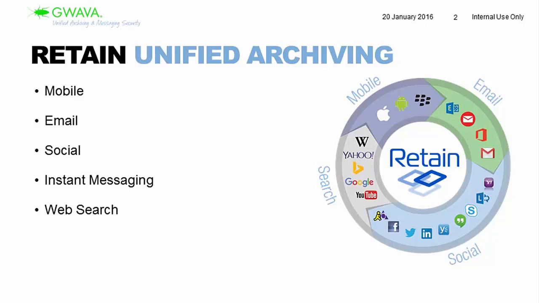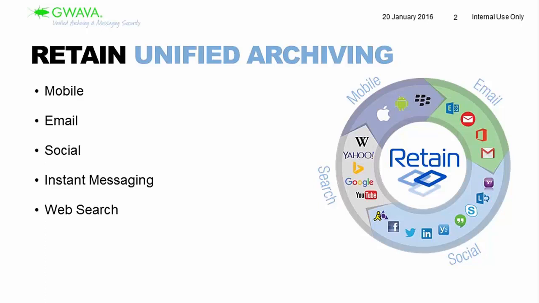If you have email, whether your email solution is Exchange, Office 365, Gmail, or GroupWise, that will be archived in Retain. Plus, mobile communication, web searches, and social media are archived in Retain. I'll get into those more in depth, but just know that what makes Retain different is that you have one central archive that archives all your electronic communication.